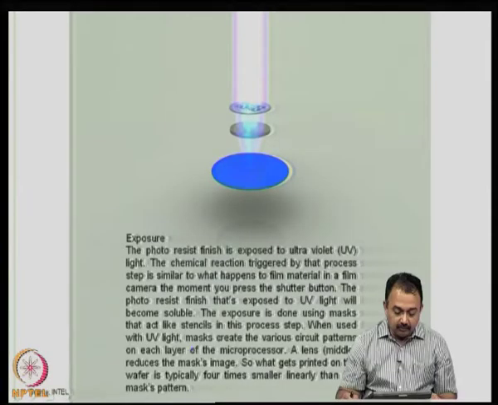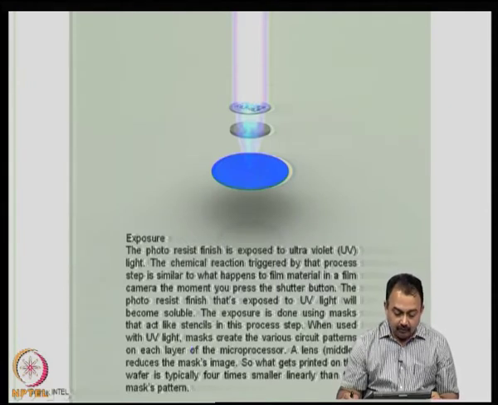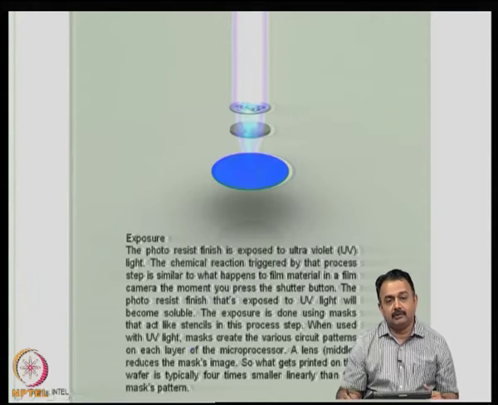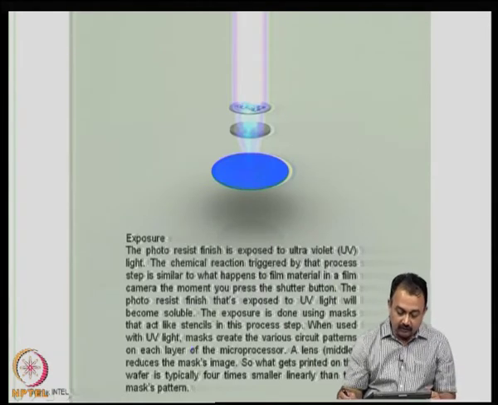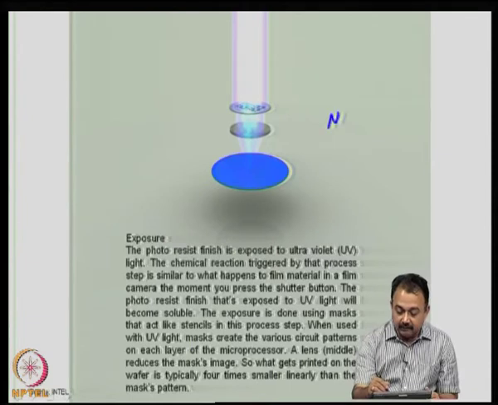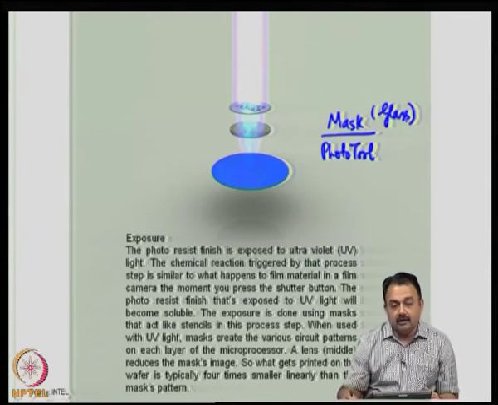Now, we are talking about exposure, that is the next step. What is exposure? You are exposing this photoresist to UV light, and when you are exposing this, you are going to use what is known as the mask, or the photo tool, typically made on a glass substrate.